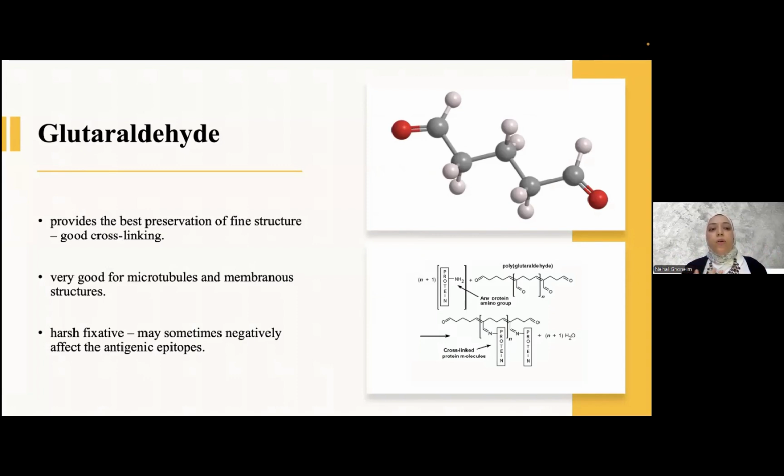It's very good for microtubules and membranous structures, but it is a harsh fixative and may sometimes negatively affect our antigenic epitopes, as we can see in the figure. And usually we need to neutralize the points that did not react with the tissue.